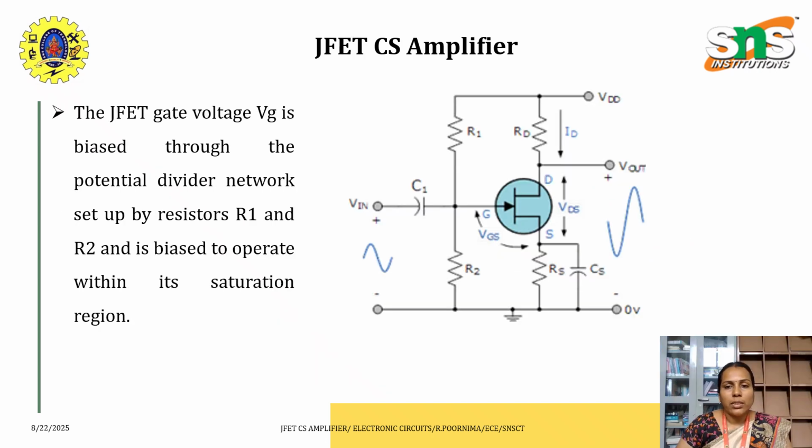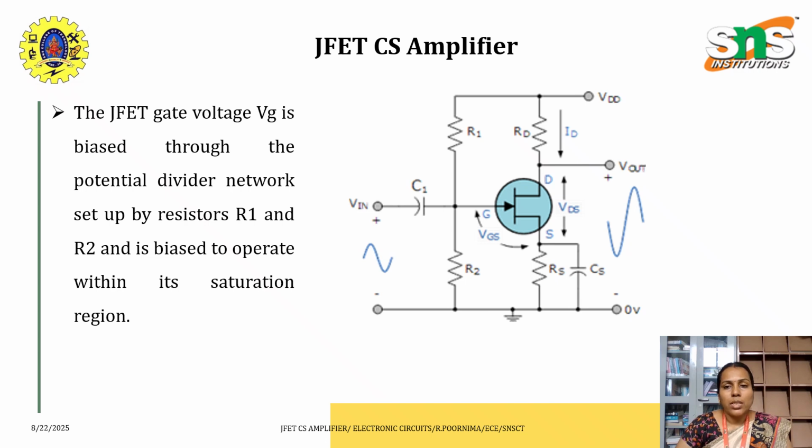So this is a detailed circuit diagram of the common source amplifier, in which a voltage divider biasing circuit is used for biasing the FET, and the input signal is applied through the coupling capacitor C1. It is used to block the DC components from the signal and allows the AC signal to pass through the gate.